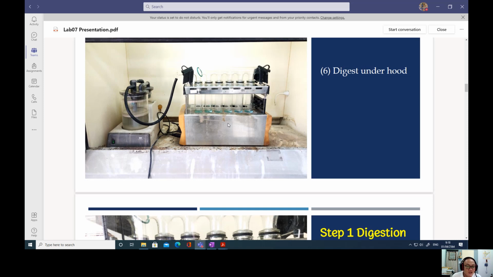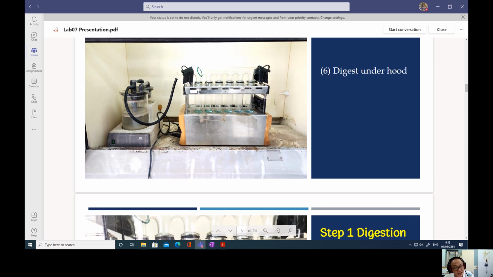During the digestion, we put in 6.7 ml of sulfuric acid. If we do the digestion, there is a chance of the fumes escaping from this unit.